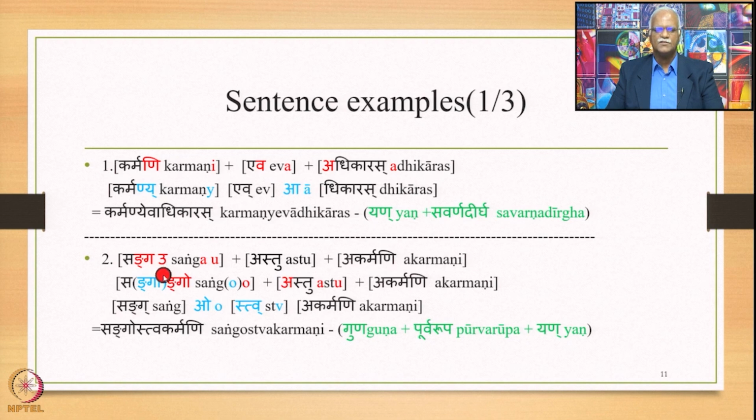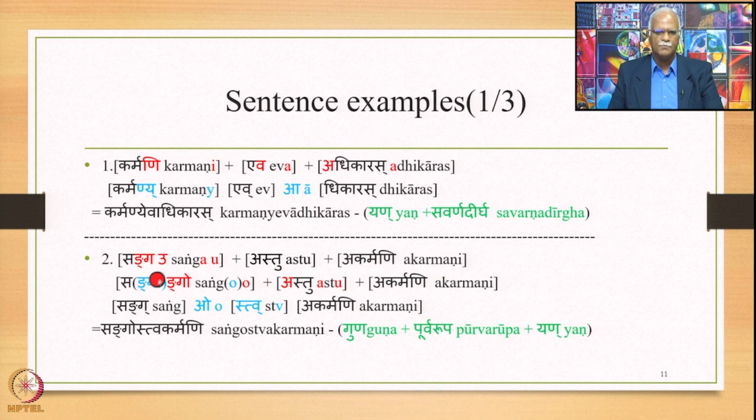Right now let us assume that this u comes in because of the sutras, and so we have a followed by u. So this is the scope of application of Guna Sandhi, and then we have astu where a is the beginning vowel and astu has got u at the end, and immediately after this u comes a. So there are lots of sandhis that can take place over here.